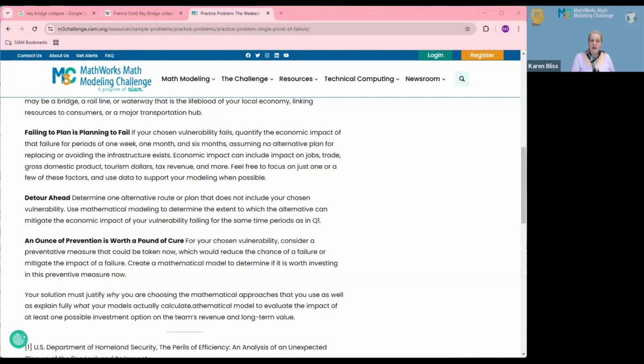Because if I'm talking about spending money to put a preventative measure in place, so in the case of the bridge, putting in some sort of alternative bridge or some sort of path that could get me around, right? If I'm thinking about putting that in place, then I'm spending that money, and that means I am giving up the ability to spend that money elsewhere.